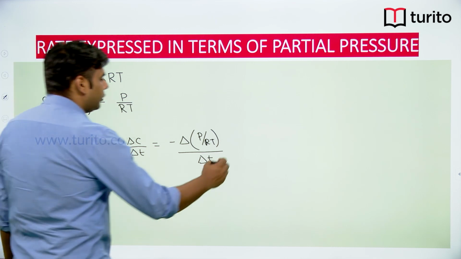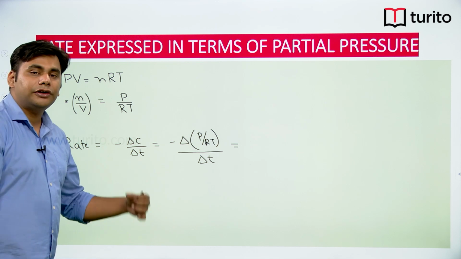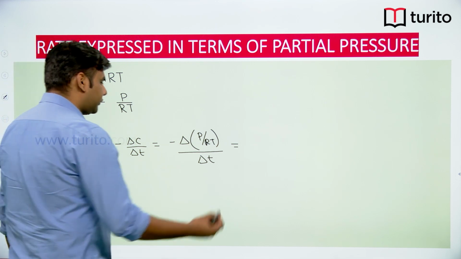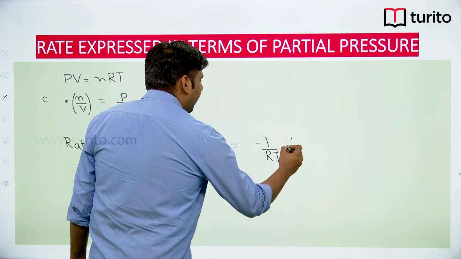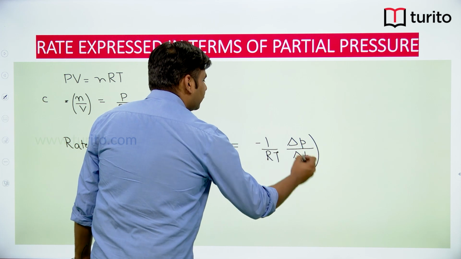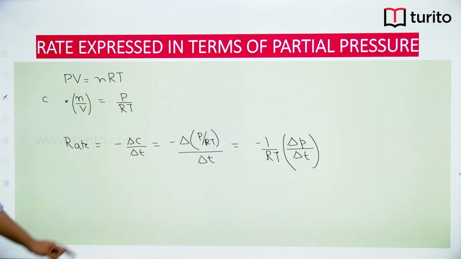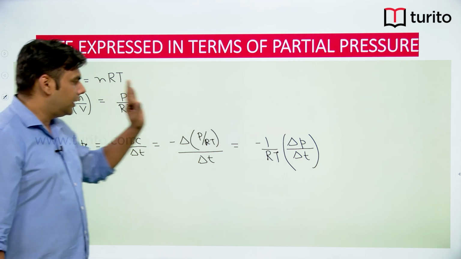Because R and T are constant, the reactions are carried out at a particular temperature, and R is the gas constant, we can take it out. So this will become minus del P upon del T into 1 by RT.